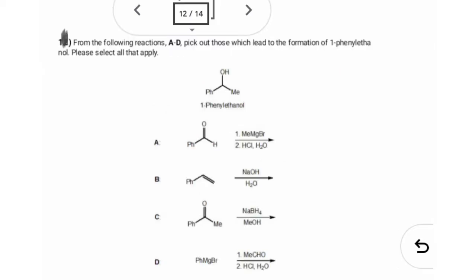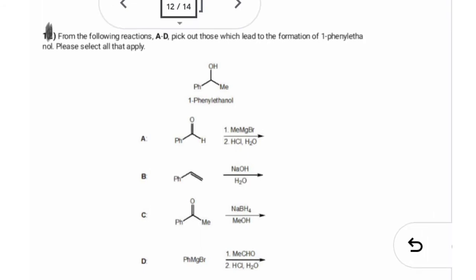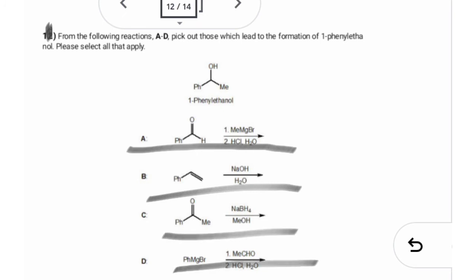From the following reactions, A to D, pick out those which lead to the formation of 1-phenyl ethanol. Please select all that apply. So, among all these four reactions given, we need to select the ones that will lead to this molecule being formed.